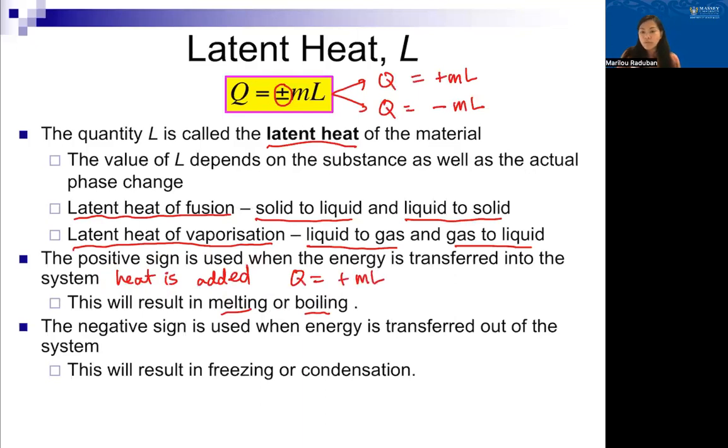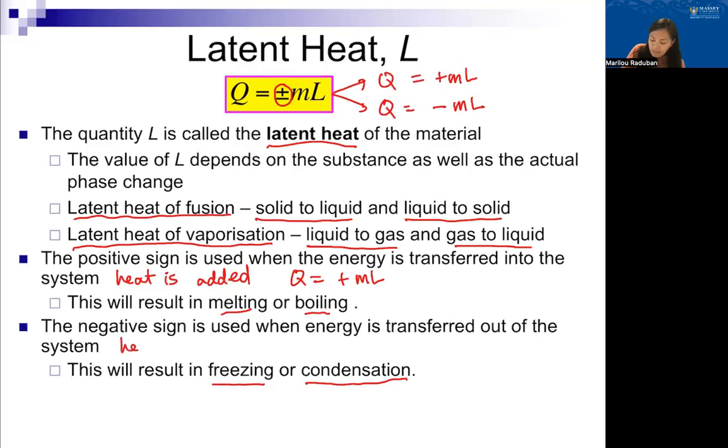Now, if you go the reverse direction, where you're taking out heat, that means you're freezing or condensing. In condensing, heat is taken out of the steam, and therefore it condenses to water. And likewise, when you're freezing liquid water to ice, heat is taken out of the water, and therefore it freezes into ice.